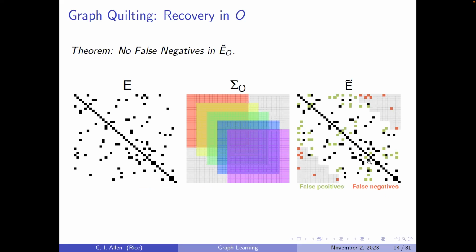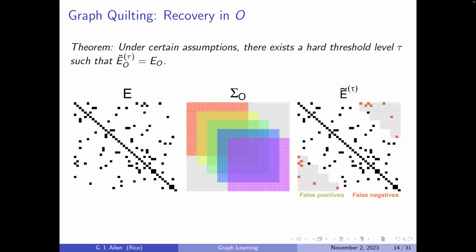After staring at a lot of these graphs produced by the MAD-GQ estimator, I noticed, wait a second, all of these false positives shown here in green are really small in magnitude. It turns out that under certain assumptions, you can show there exists a hard threshold operator: if the false positives are bounded away from the minimum edge strength in the graph, you can simply lop them off with a hard threshold tau and get perfect graph recovery in the observed part, E_O, of the graph.